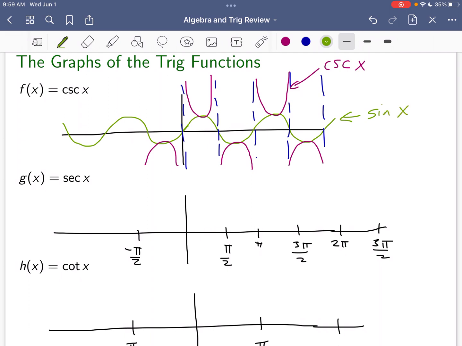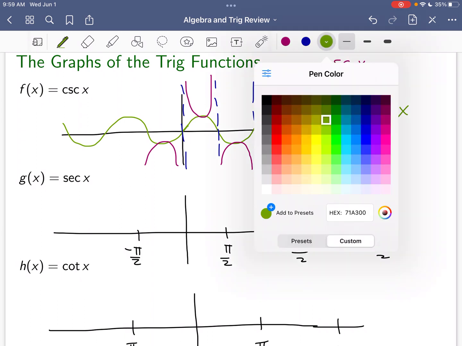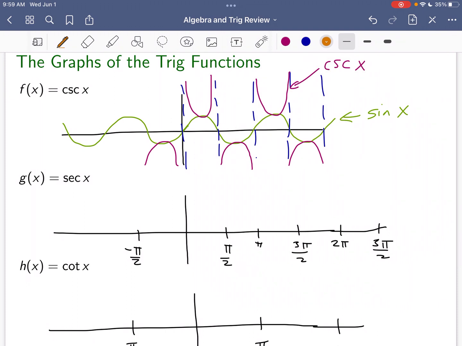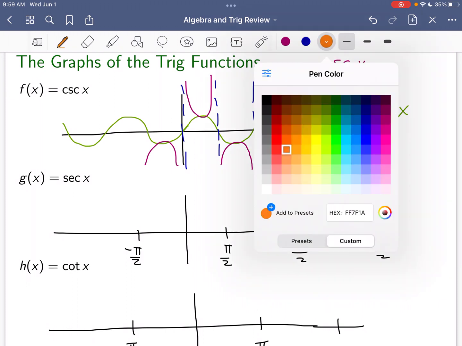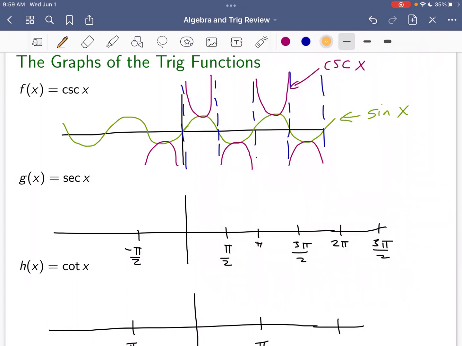For a secant graph, it looks similar, only we build it off of a cosine graph. The cosine graph looks like this.